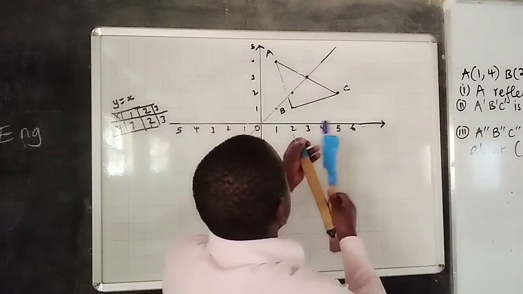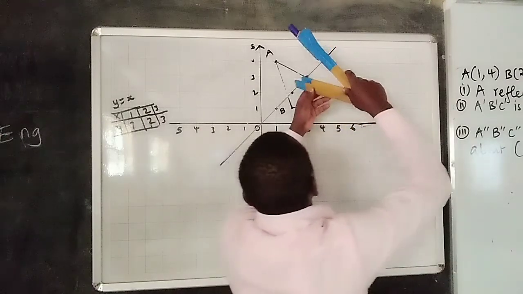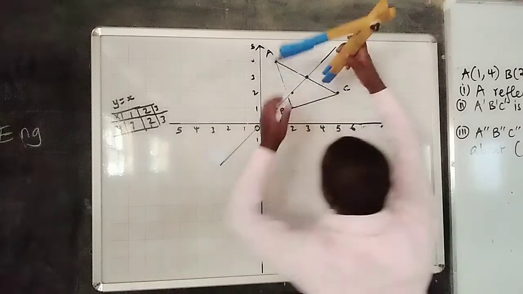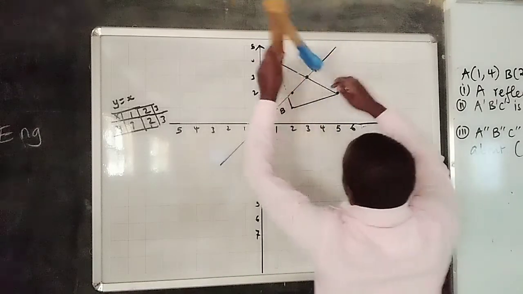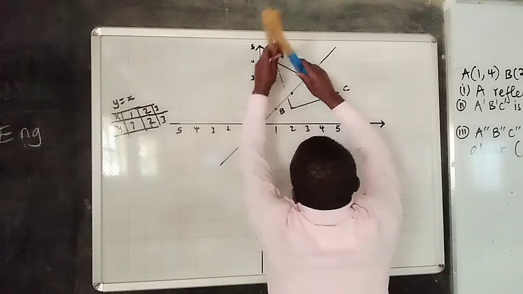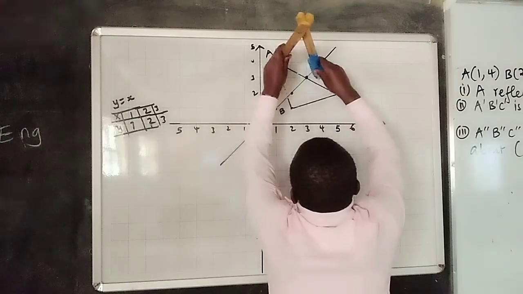Therefore, standing at A, we will get a perpendicular to the mirror line.